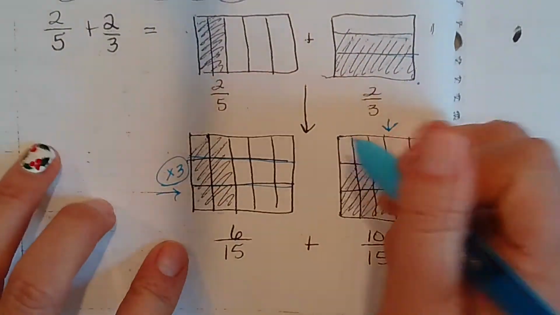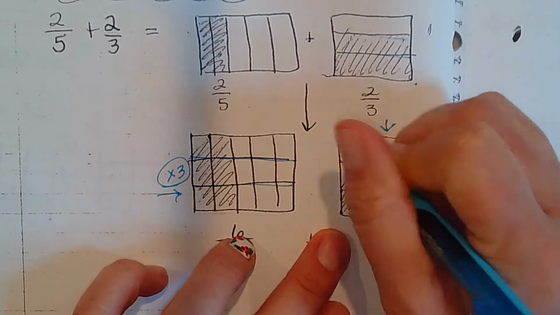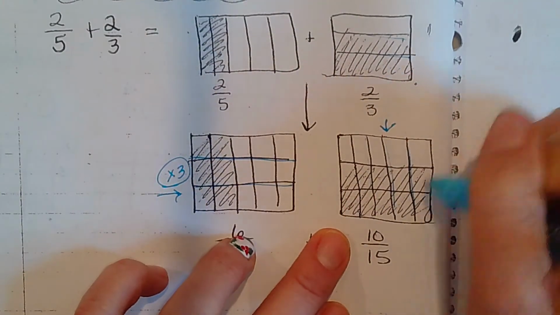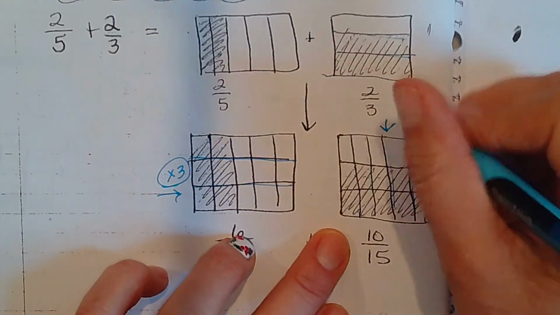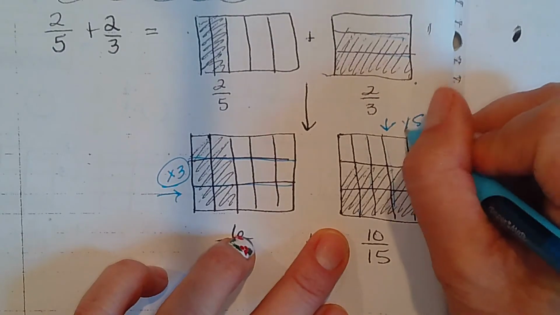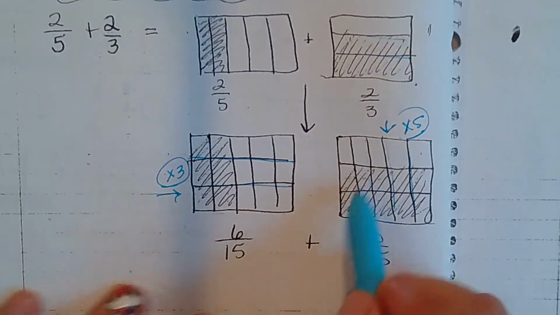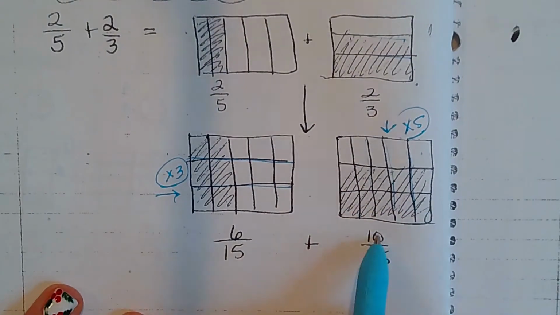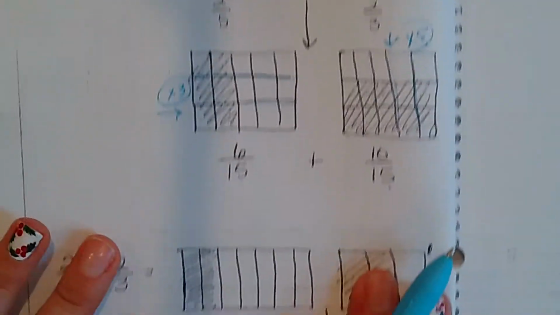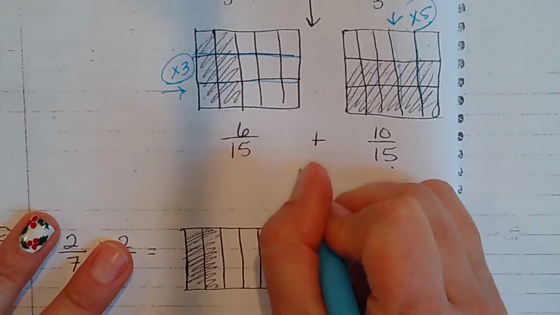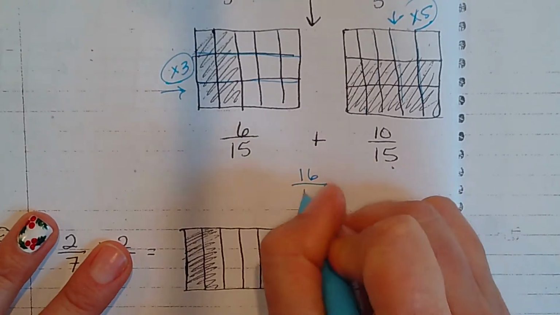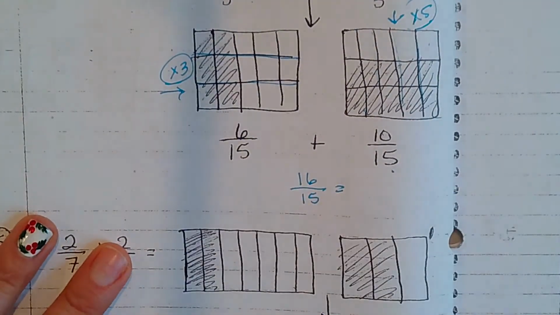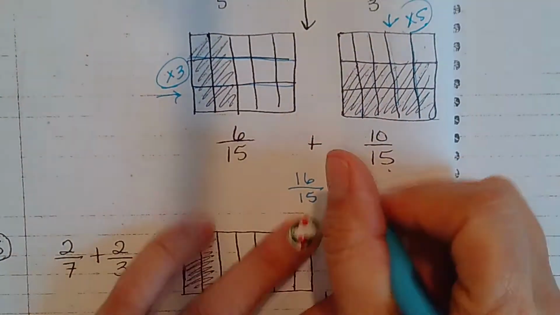Now I'm going to multiply this by 5. 1, 2, 3, 4, 5. I'm going to multiply this side by 5. And now I have 1, 2, 3, 4, 5, 6, 7, 8, 9, 10. I have 10 out of 15. So when I add that up, I have 16 out of 15. Well, we know about whole numbers.